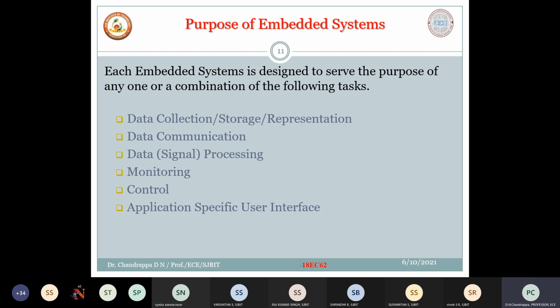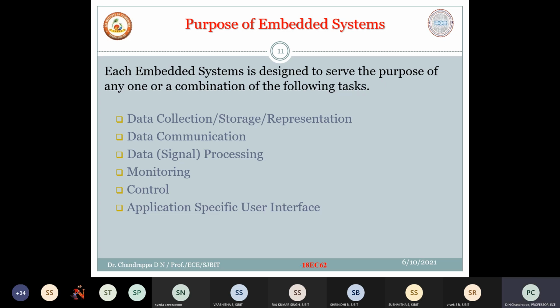The first one is data collection, storage, modification, then finally representation. Second is data communications, next data processing, then monitoring, control, and finally application specific user interface. Today I'm going to complete all these 6 purposes of embedded systems.